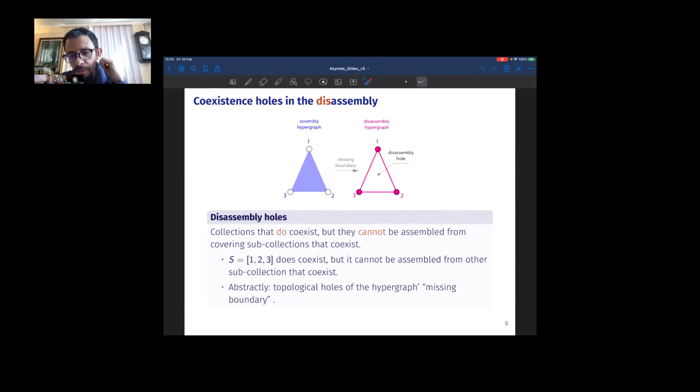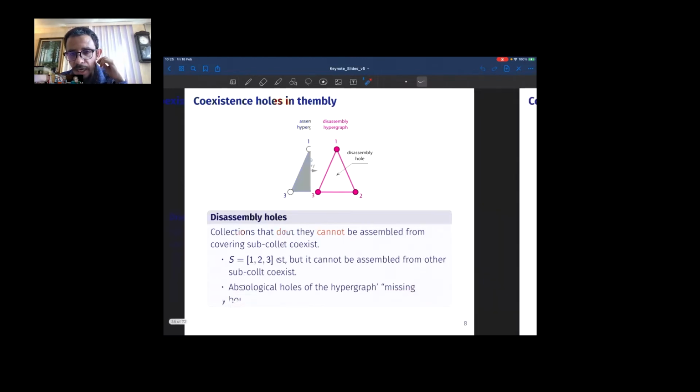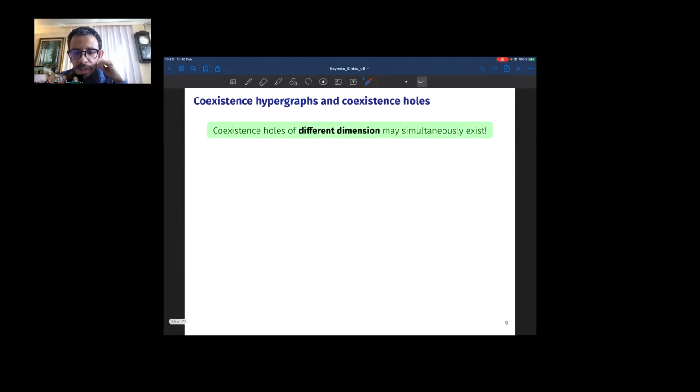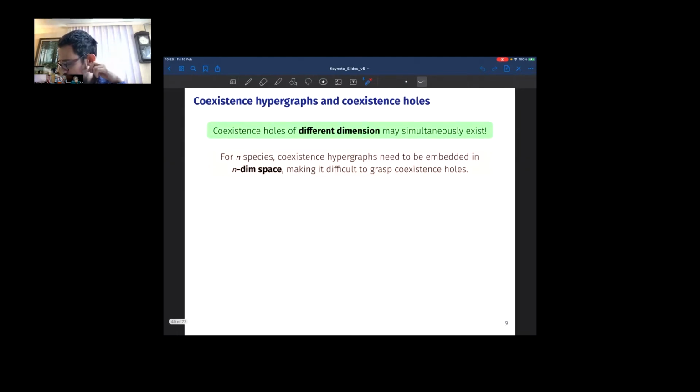All the boundaries that are missing from the hyperedges of your original hypergraph will give you a new hypergraph that we call the disassembly hypergraph. And if you calculate the holes in that disassembly hypergraph, that will give you the disassembly holes. So in general, the disassembly holes are the topological holes of the disassembly hypergraph constructed by calculating the missing boundary.